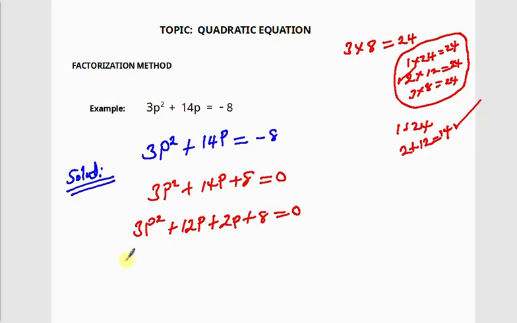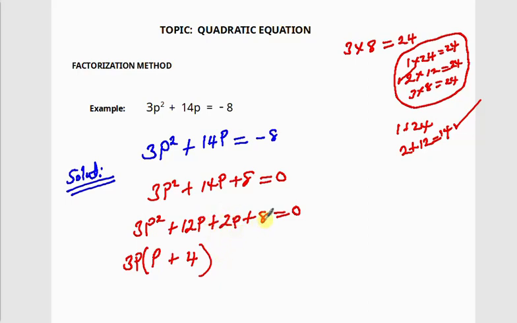We see that 3p is common, right? Now, 3p squared divided by 3p gives you p. 3p multiplied by p, it will give you 3p squared, plus 12p divided by 3p gives you 4. Right? 3p times 4, it will give you 12p.